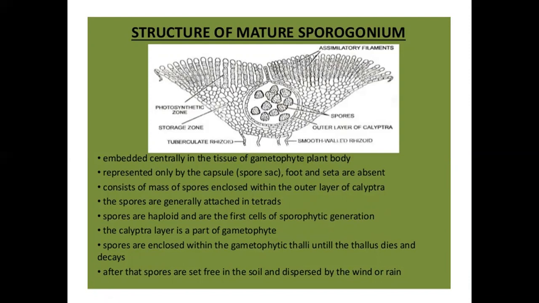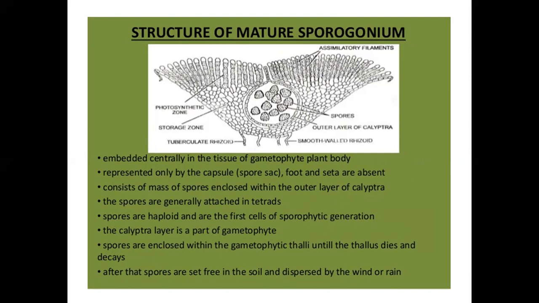Spores are haploid. The calyptra cell layer is a part of the gametophyte. Spores are enclosed within the gametophytic thallus until the thallus dies and decays. After that, spores are set free in the soil and dispersed by the wind or rain.